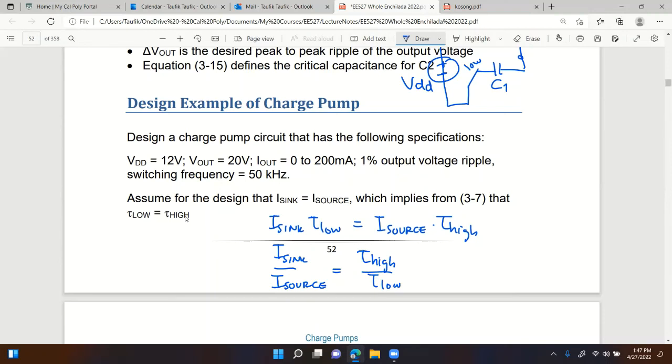So if I sink is equal to I source, this is equal to 1. This is equal to tau high over tau low. Because of this, I know that tau high must equal tau low, right? So that's what this means right here. Okay. All right.